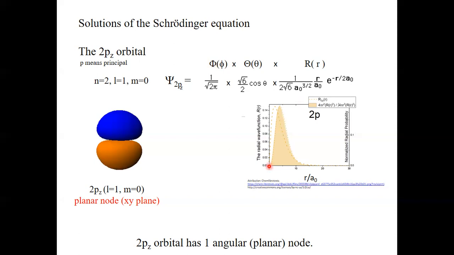Rather than that, the probability is actually 0. So in this case, the radial probability function also goes to a maximum, just like the actual wave function does, and then declines.